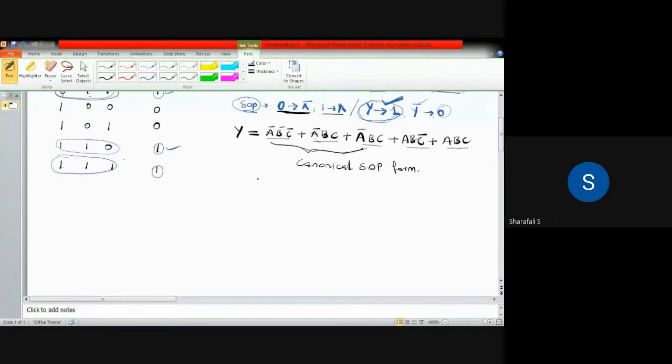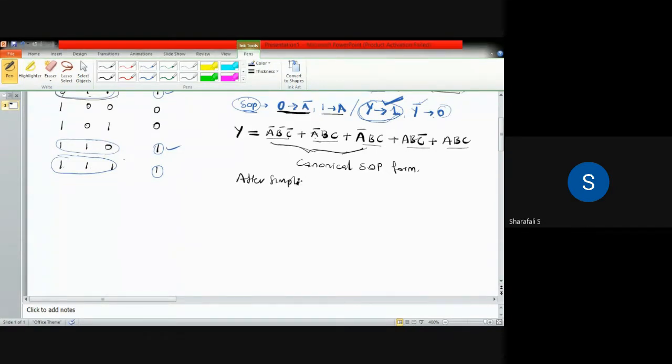Now, if we consider the simplification of this expression by using Boolean algebra, by using the laws associated with Boolean algebra, then we will get the simplified form of this expression. So after simplification, we will consider that by using K-map here.